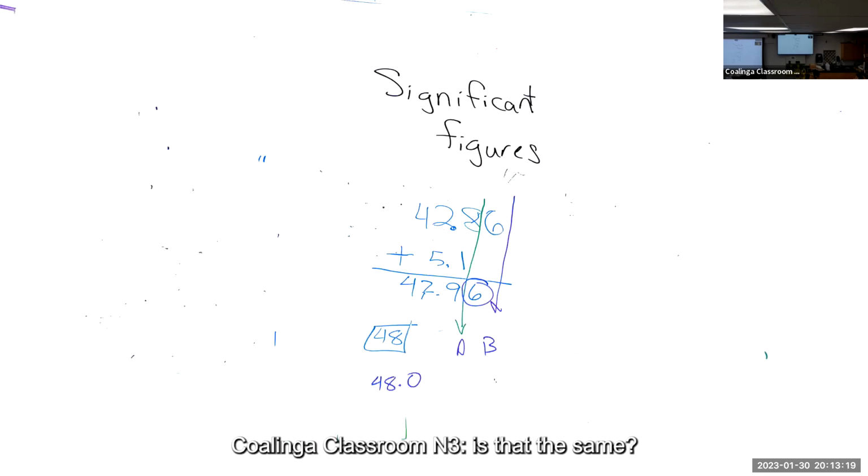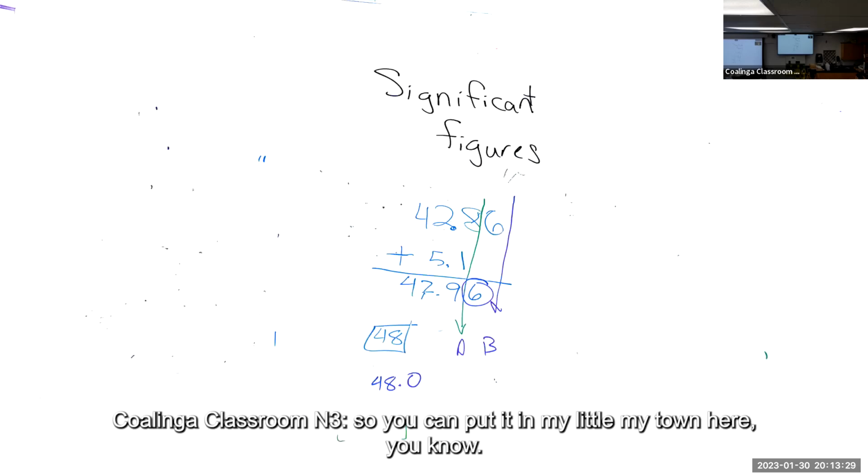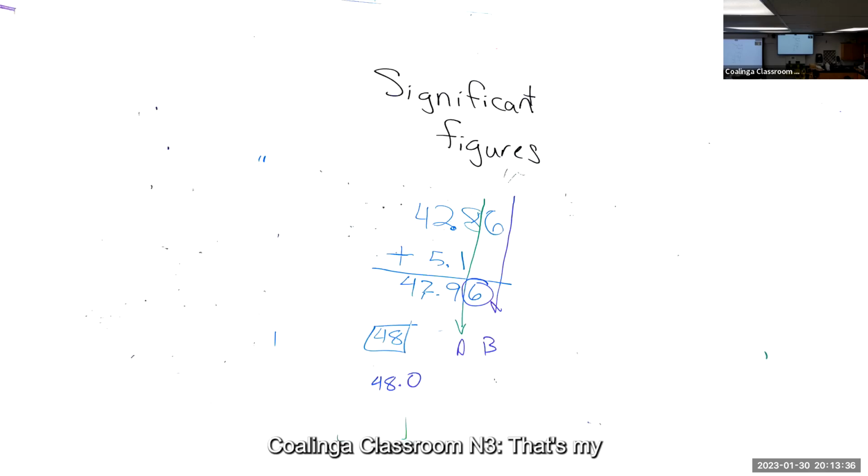Oh, is that the same? Oh, yes. No. I'm expecting $1 from a couple of people. Okay, so you guys, yeah, I'll take cash out. So you can put it in my tub here. So on Wednesday, it is still in there? That's your money. No, we spent it all. You know, yeah. I use it to buy pizza.